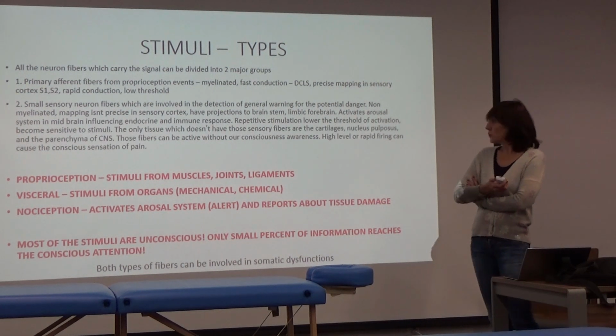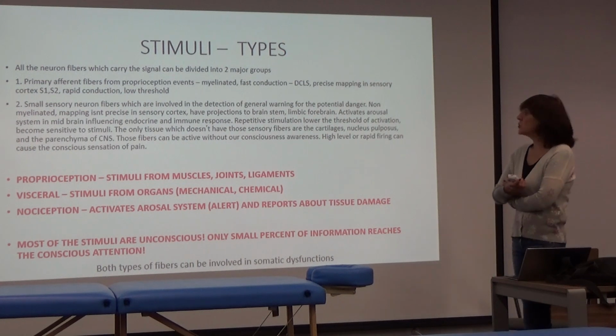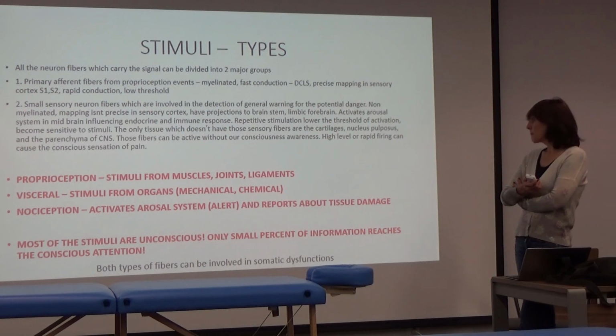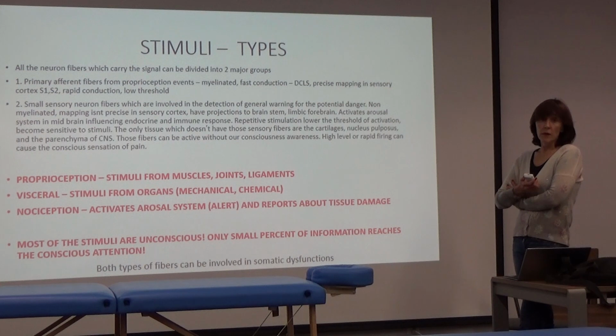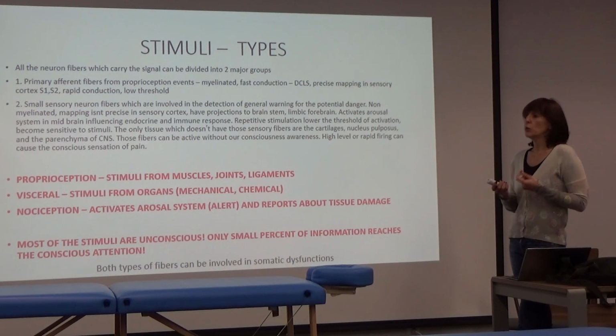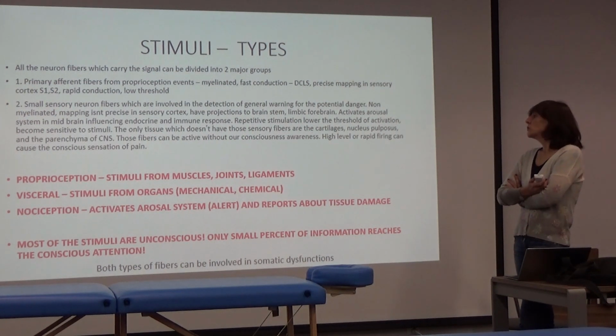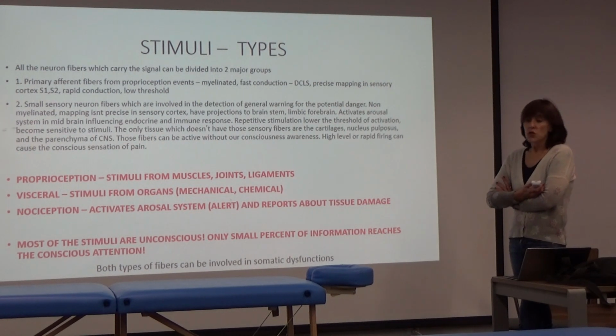Then we've got visceral stimulus, and they come from the organs, and they can be mechanical and chemical. For example, when the stomach is stretched enough, then we don't want to eat anymore. And then we've got so-called nociception fibers, which are activated when tissue is damaged or inflamed.